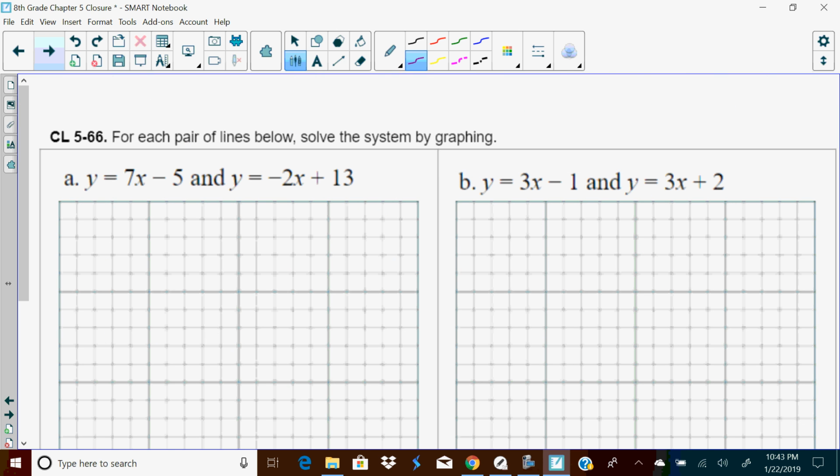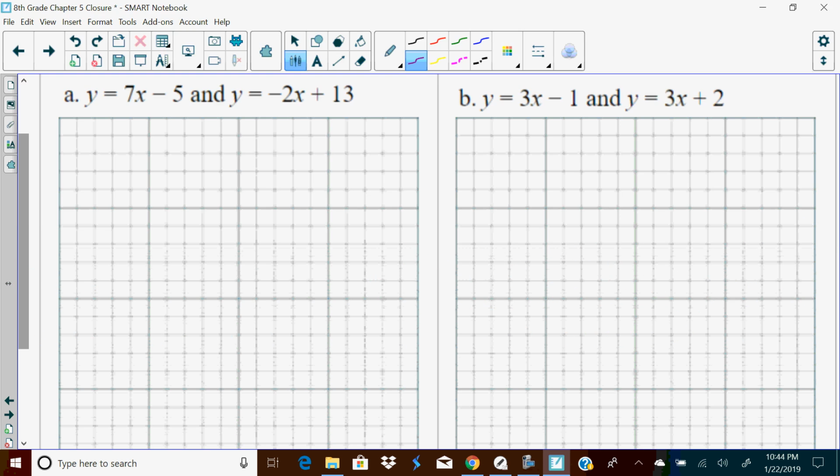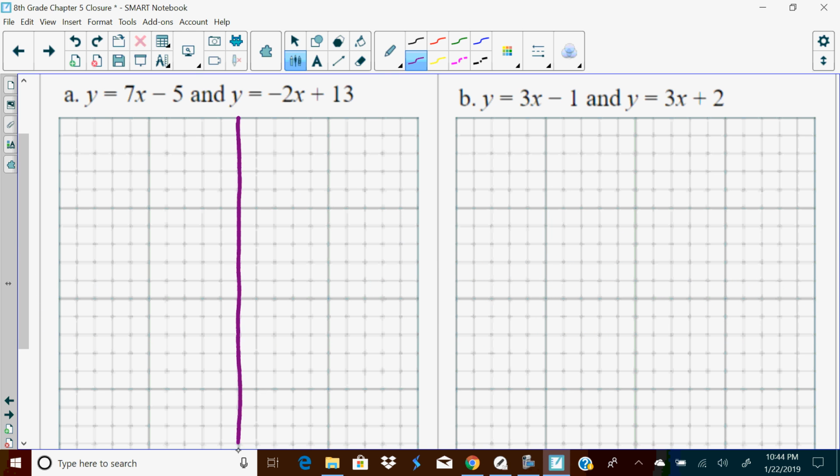Problem 66 says for each pair of lines below, solve the system graphically. So for this first one, I'm going to start at -5, and I'm going to go up 7, and draw my line.